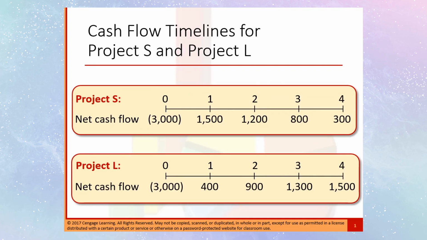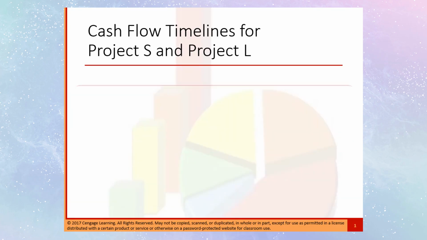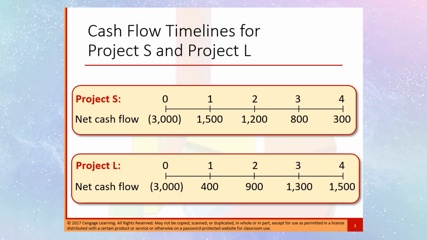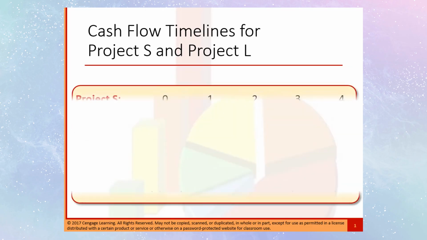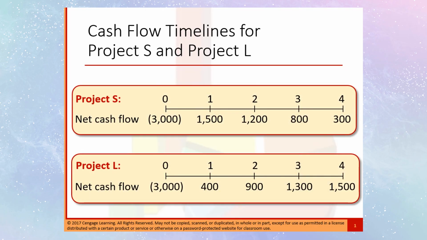Consider the cash flow timelines for Project S and Project L. Here the cash flow timing is illustrated so we can clearly see the inflows and outflows across both project lifespans. This helps us understand when we get our money back, as well as how the timing impacts value for each project.